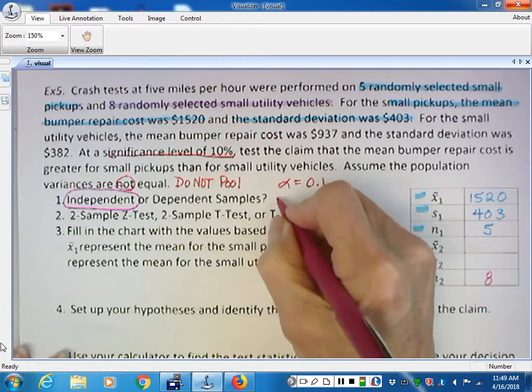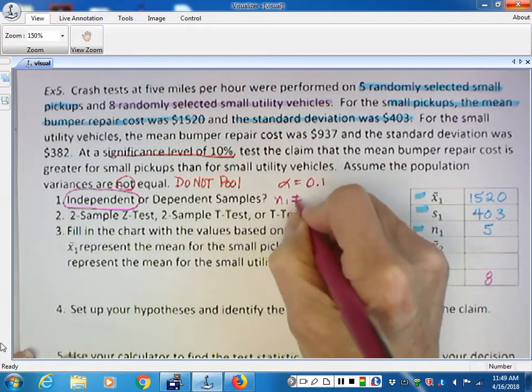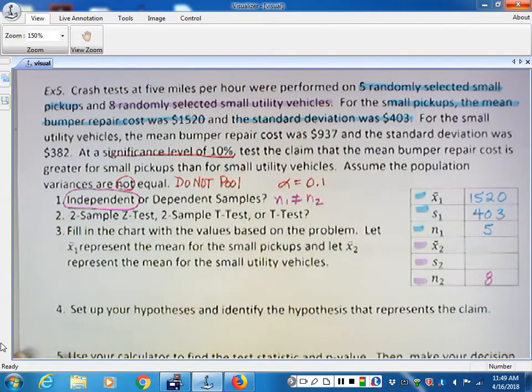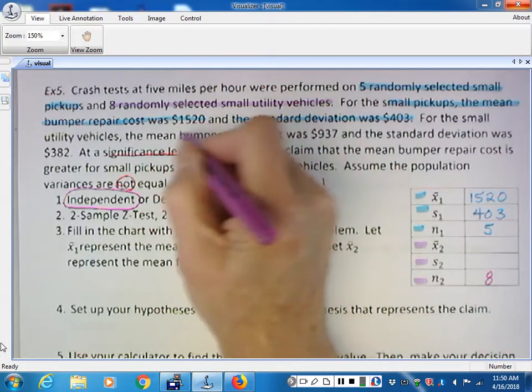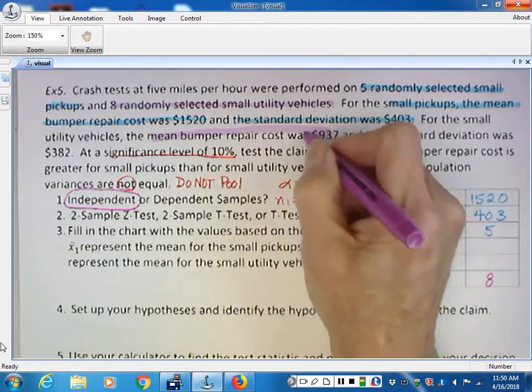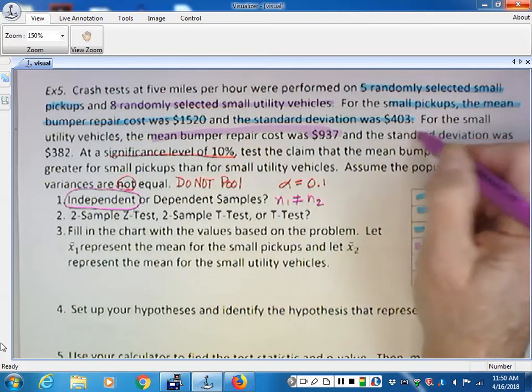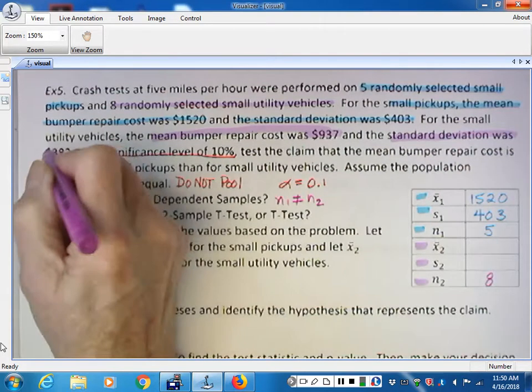You know that for sure because N1 does not equal N2. Now, if they were equal, that doesn't mean that it's automatically dependent either. But if they are not equal, you know that they for sure are independent. So for the small utility vehicles, the mean repair cost was $937 with a standard deviation of 382.